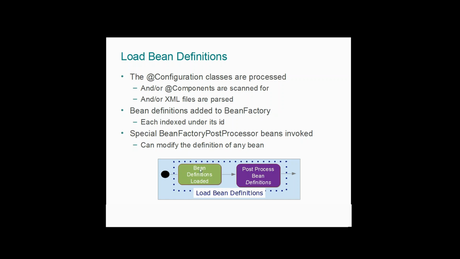Once the definition is available, this definition will be given to the post processor, to modify something on it. This is a special extension point. It has the ability to modify the definition.